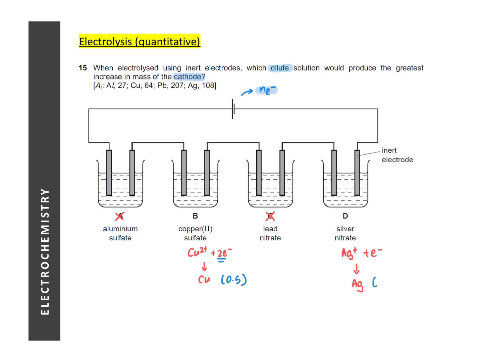And the number of moles of silver will be 1. Now, once we have the number of moles, we can then go on to find the mass by multiplying by molar mass. So the mass of copper would be 32 grams, and the mass of silver will be 108 grams. So the solution that will produce the greatest increase in mass at the cathode would be that of silver.